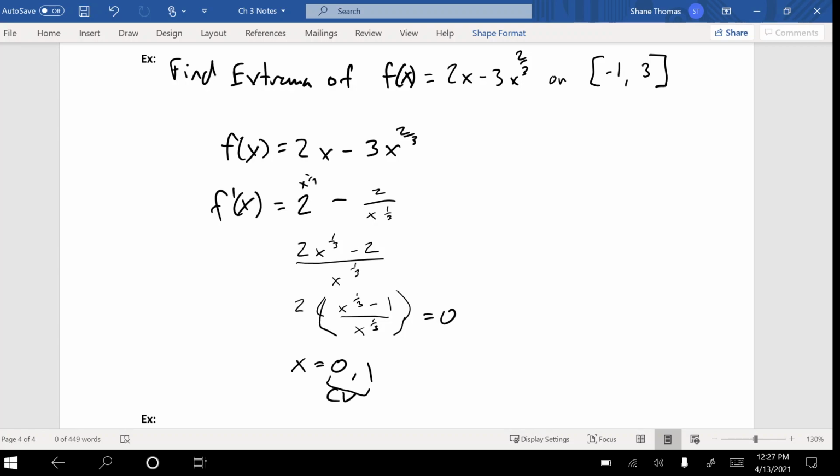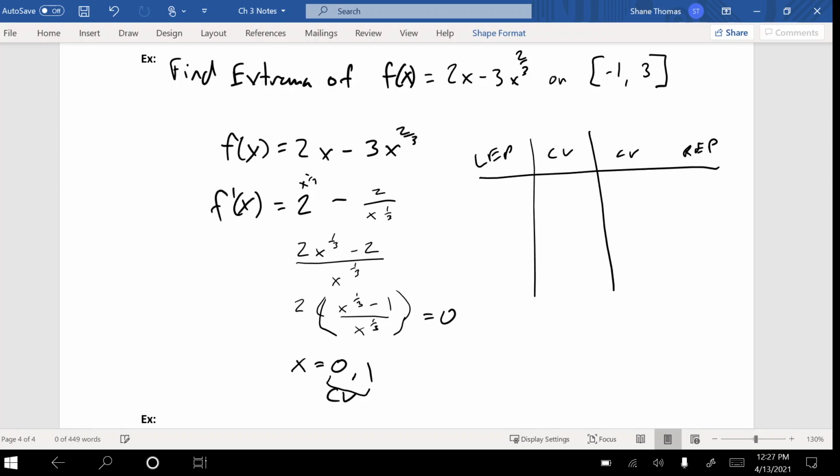So now I have four things to evaluate: my left endpoint, my right endpoint, my two critical values. So left endpoint, critical value, critical value, right endpoint. All right, so f at -1, if I want to find f at -1, that is going to be -5.